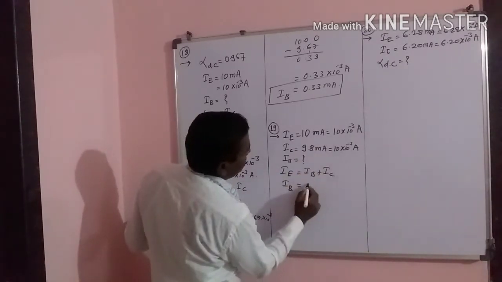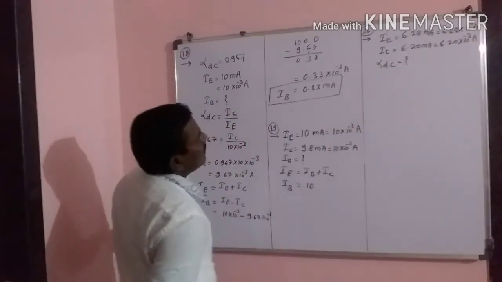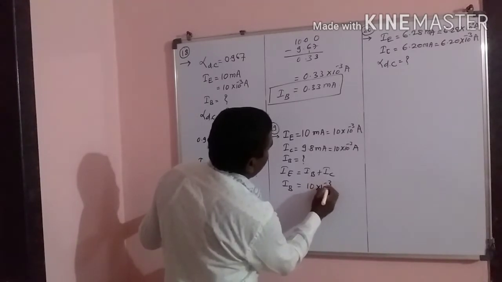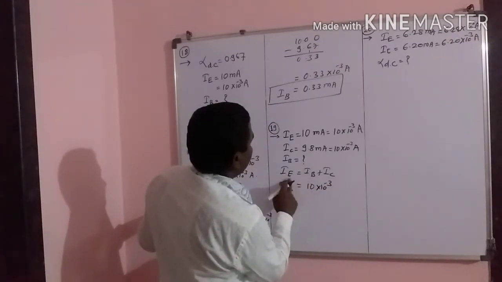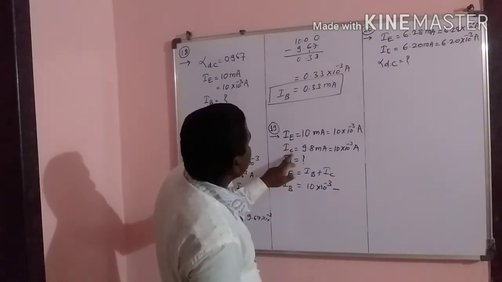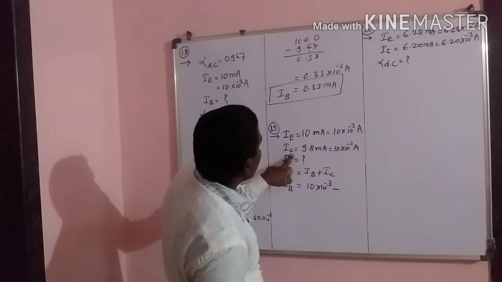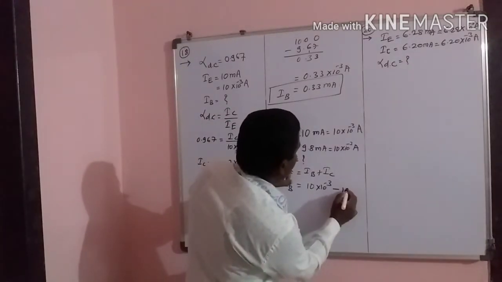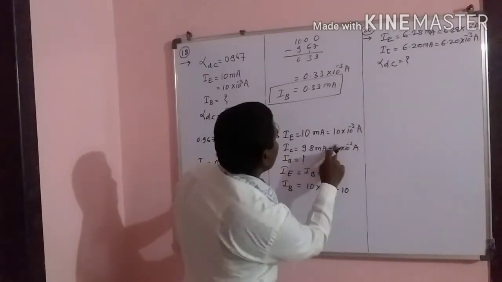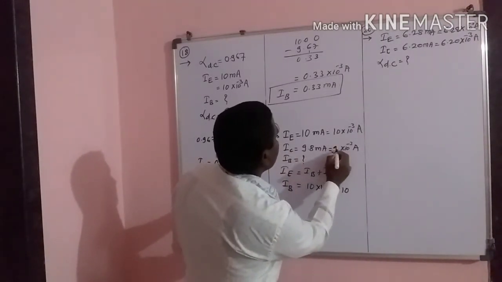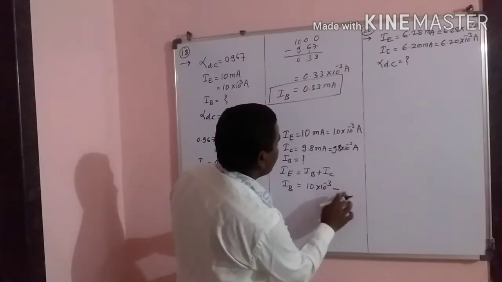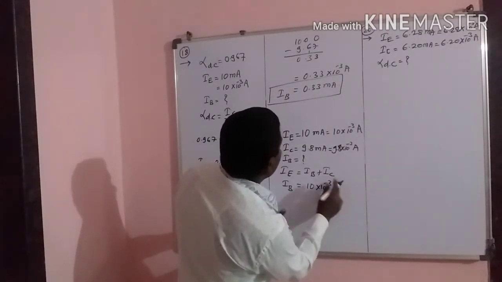IE is 10 into 10 to the power minus 3, and minus IC. This IC is equal to 9.8 into 10 to the power minus 3.